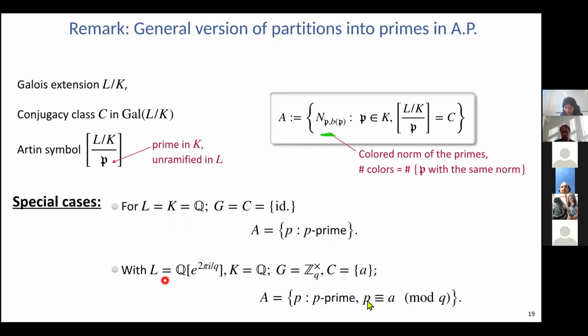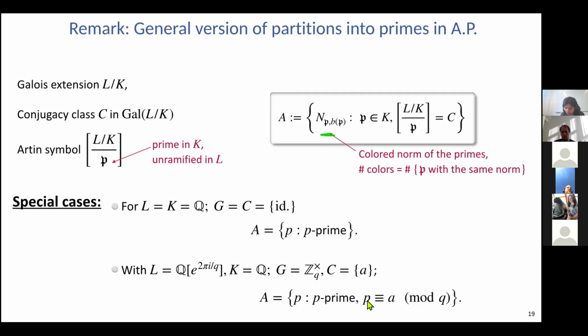If you take this field extension, K is still the base field Q, and L is Q adjoined with the qth root of unity. In that case, the Galois group will be the multiplicative group Z mod Q, and the conjugacy class will be just a fixed residue class. And that gives you the primes in arithmetic progression, a mod q.